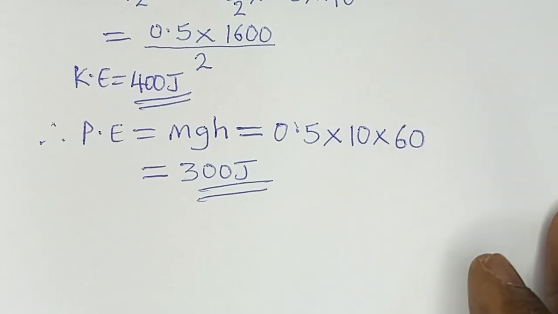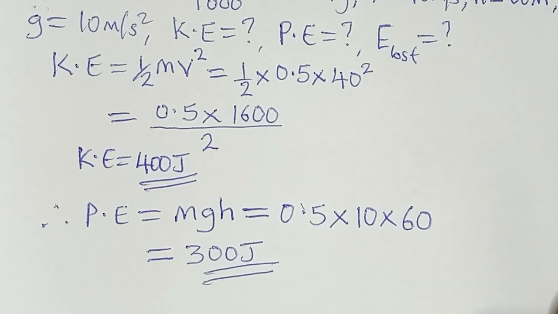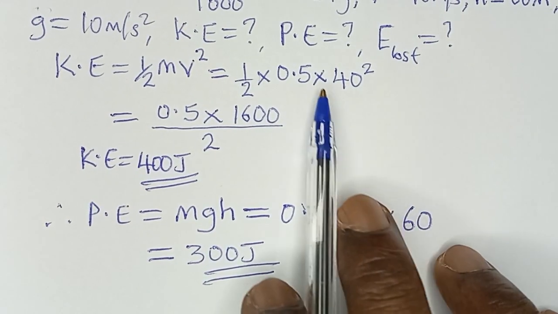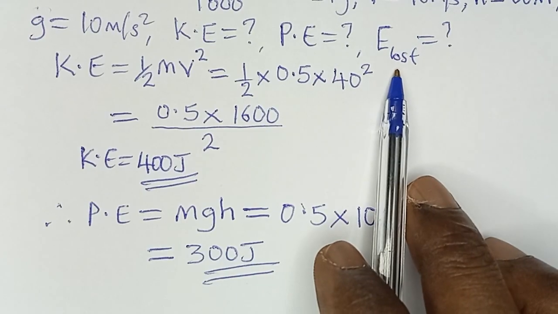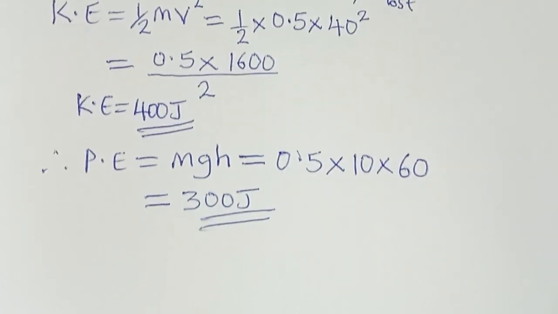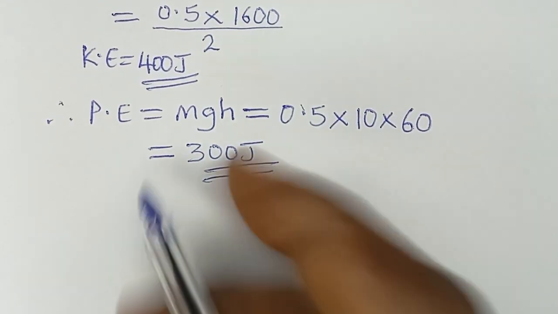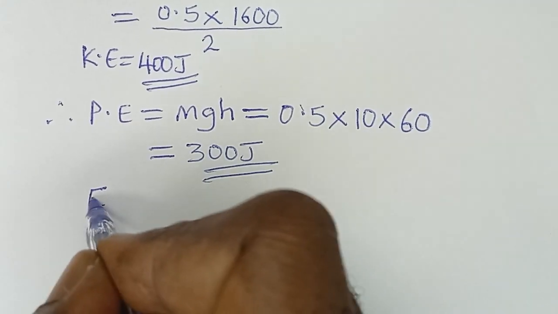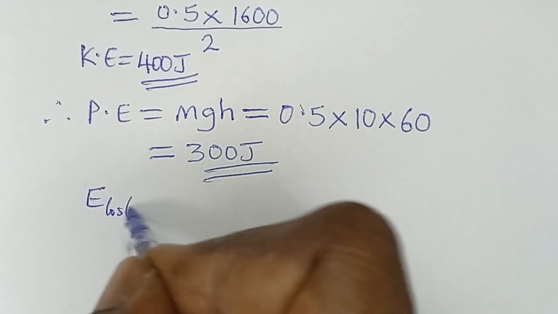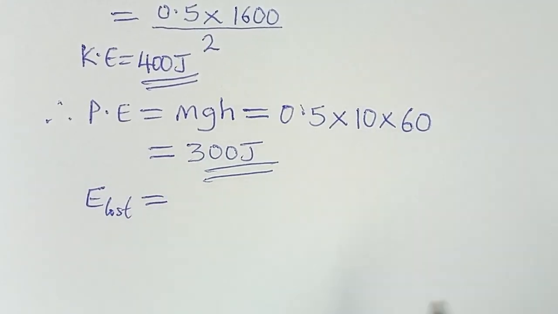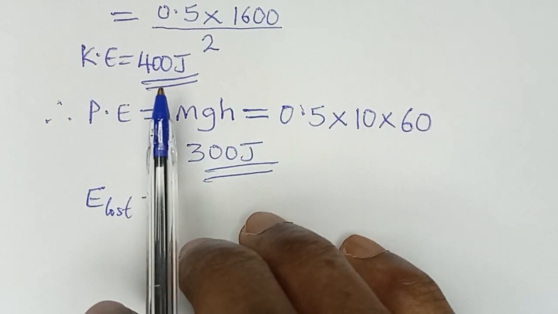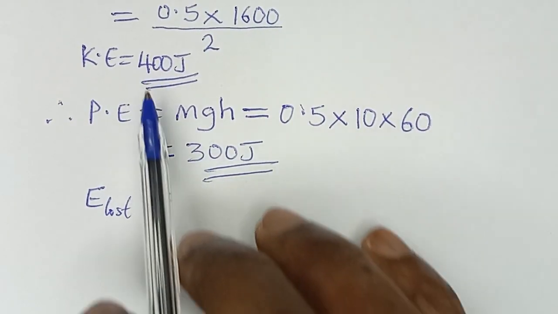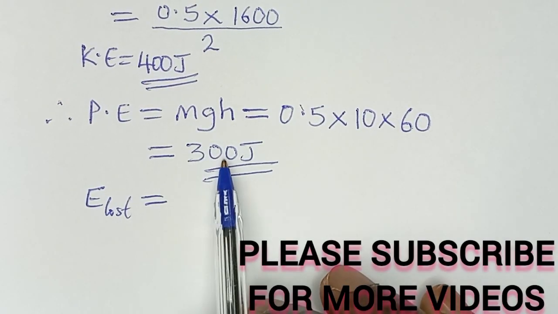Now, finally, we are asked to calculate the energy lost, which I'm representing with E lost here. So the energy lost in the process, that is what I call E lost, is equal to the kinetic energy, which is 400. Don't forget the kinetic energy is higher than the potential.